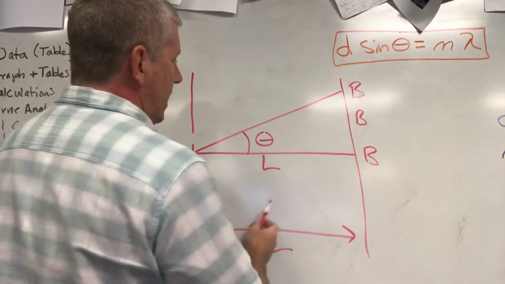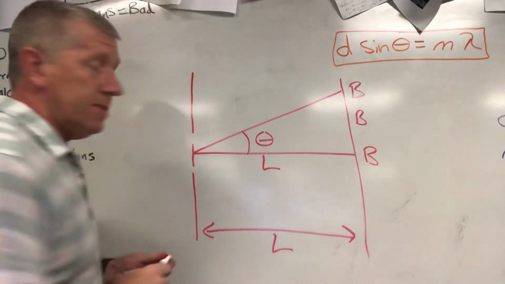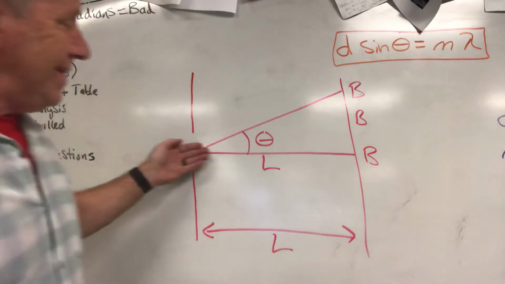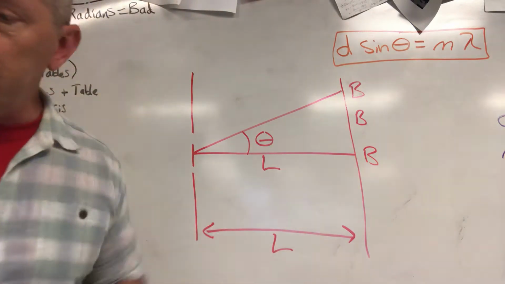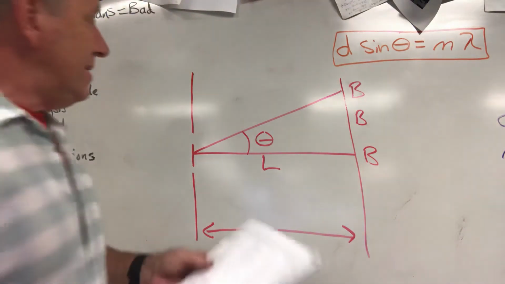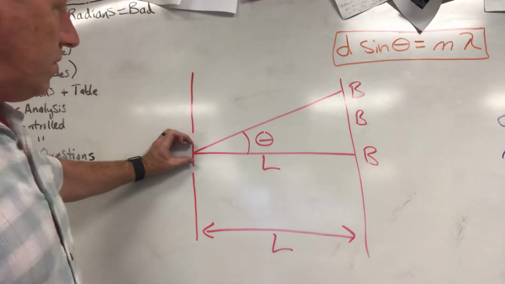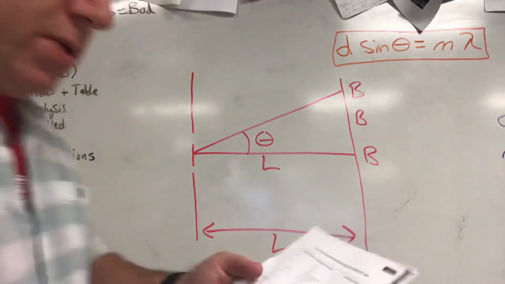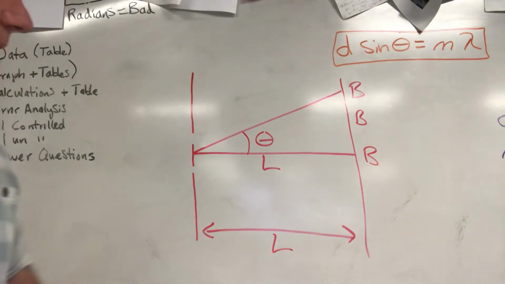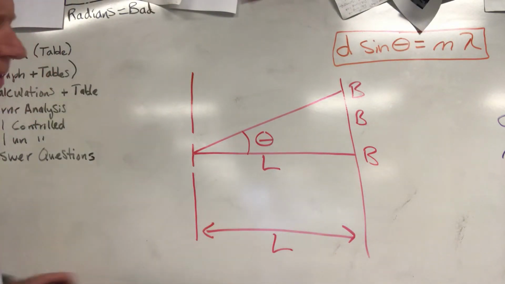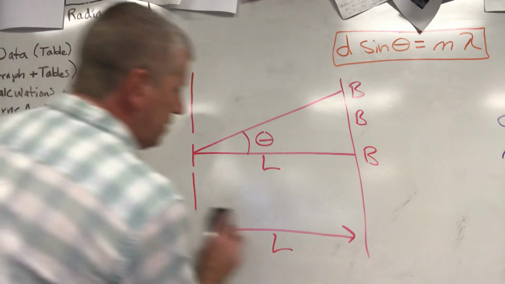You can use this instead of an angle if you know that length between the two screens, and that takes the place of the D, the distance between the screens. You can use that sometimes, but not often, but sometimes there'll be a problem set up like that. I don't want to do a problem like that, so that's an uncommon problem. Let's go ahead and do another problem.